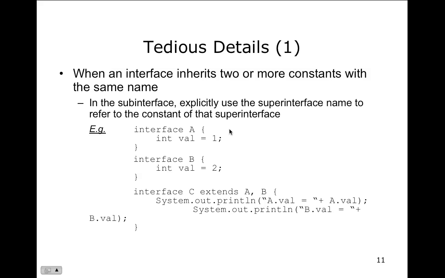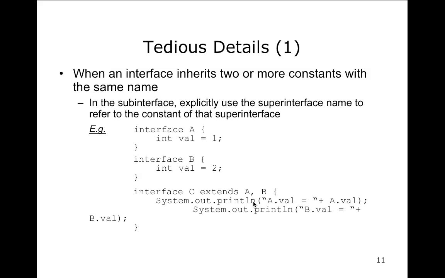So we have interface A, interface B, and then interface C that extends A and B. This is where people who weren't okay are not okay at this point. An interface can inherit from interfaces and can use them. So here we're inheriting A and B. We're creating C as a sub interface to supers A and B.